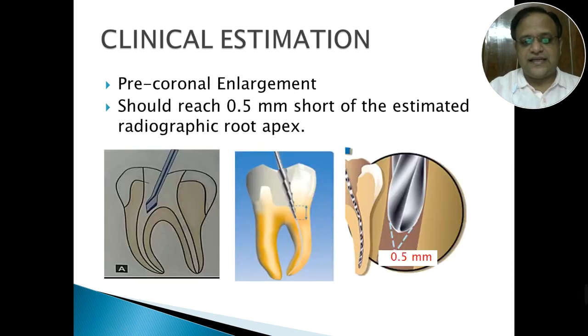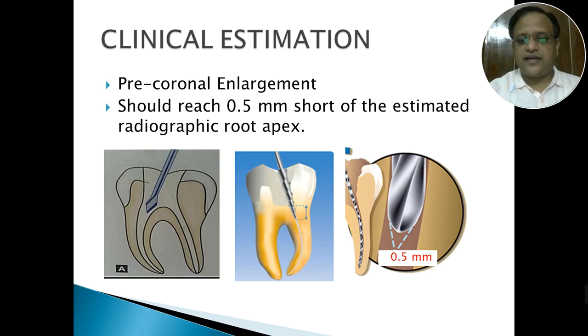So after that estimation has been done using the preoperative radiograph, and we already know a certain amount of curvature is there within the canal, after this pre-flaring is recommended. Pre-coronal enlargement, or pre-flaring, is done. It can be done with a GG drill or Gates drill. It can be done with iso-reamers.